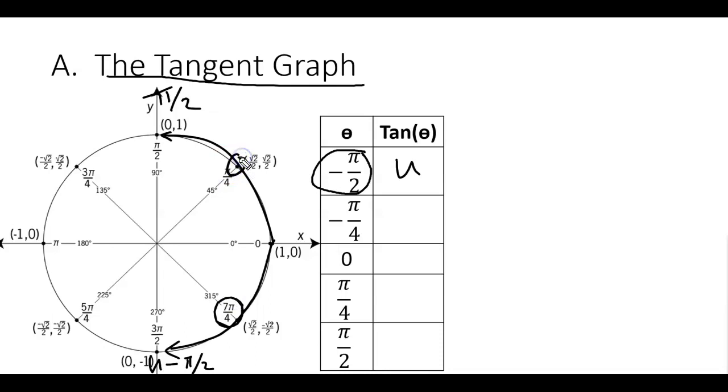This is pi over 4 if you're going in the positive direction, but in the negative direction, that's negative pi over 4. At that point, tangent is negative 1. I made a mistake there. At 0, tangent is 0. At pi over 4, that's the positive 1. And at pi over 2, it's undefined again.